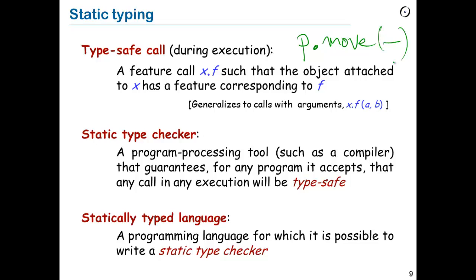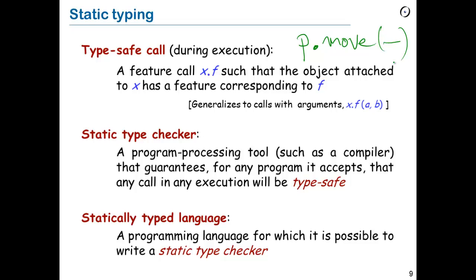So here's the precise definition: type safe call, then static type checker, then statically typed language. A call in an object-oriented program is said to be type safe if it is of the form x.f, such that the object attached to x has a feature corresponding to f. So this is a dynamic property. It's a runtime property.